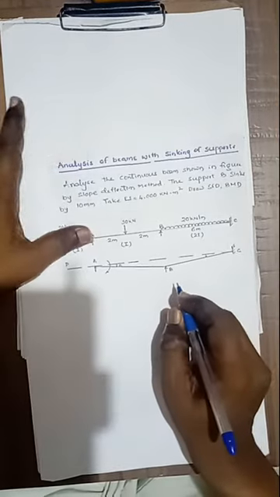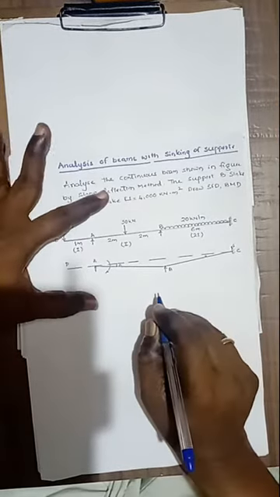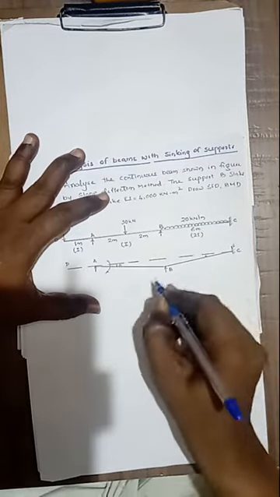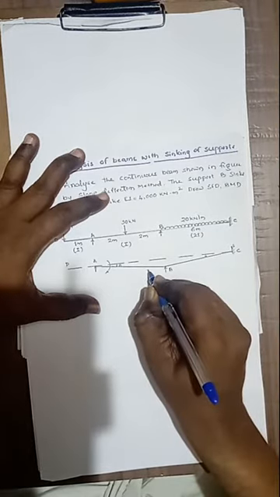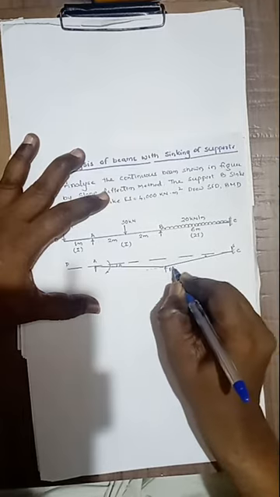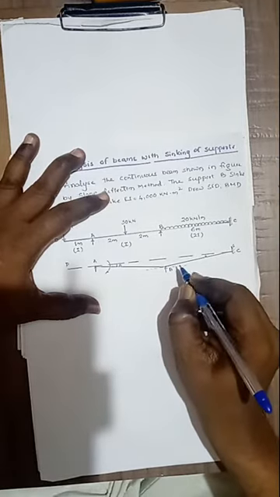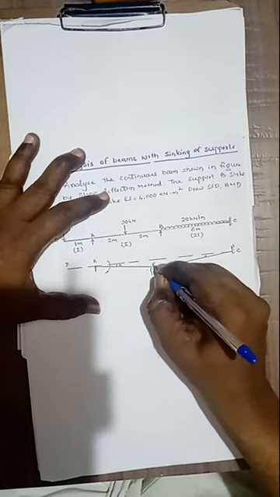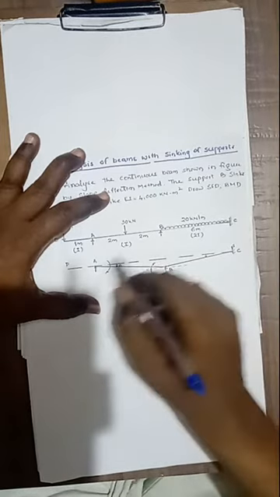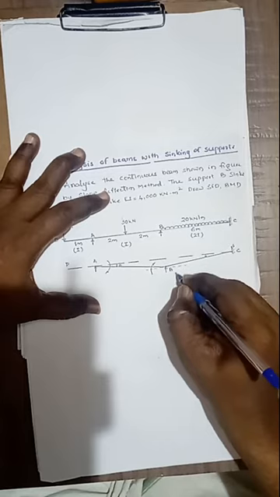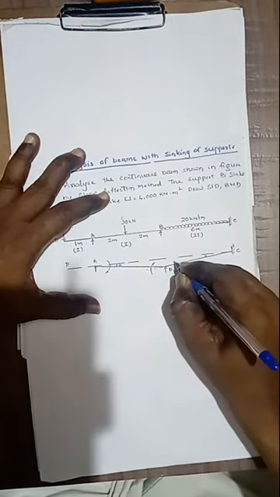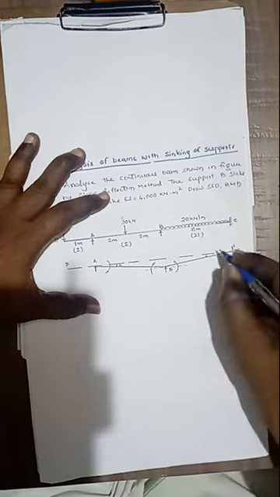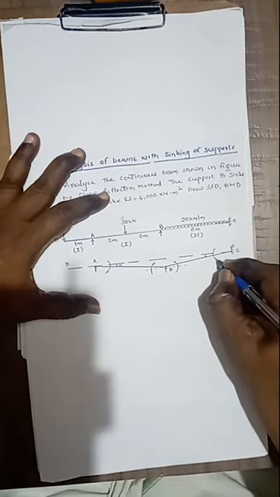First we have to calculate the settlement in each span. If you draw the horizontal line, the rotation of AB is clockwise and the rotation of BC is anti-clockwise.